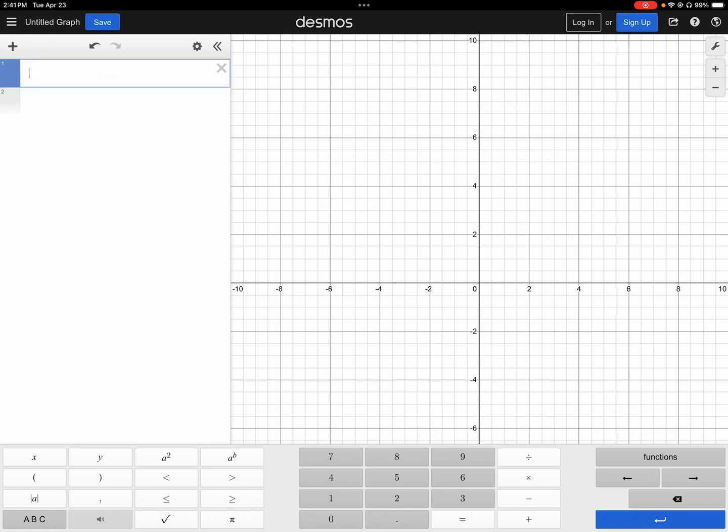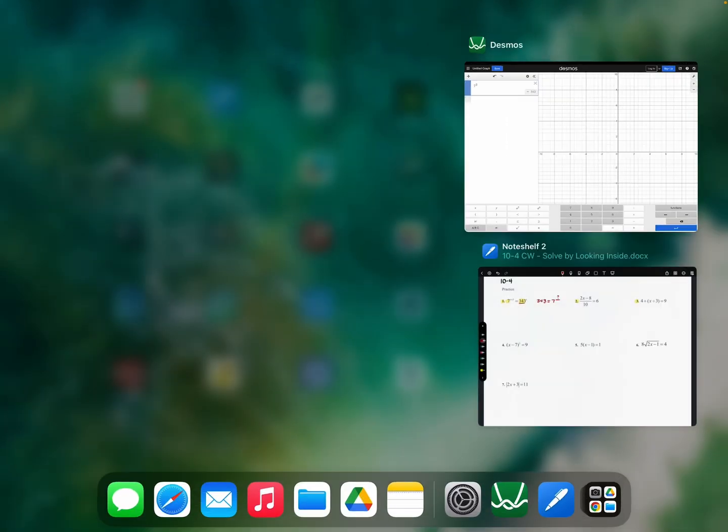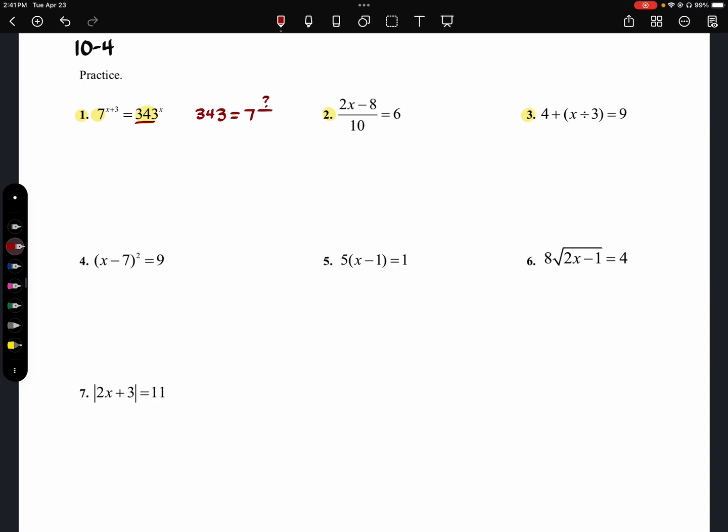I'm going to take 7 and raise it to, we know 7 to the power 0 is 1, so that's not it. 7 to the first power is 7. That's not going to work. 7 squared is 49. 7 to the third is 343. That's the one we're looking for. So we know that 7 to the third power is the same thing as 343.